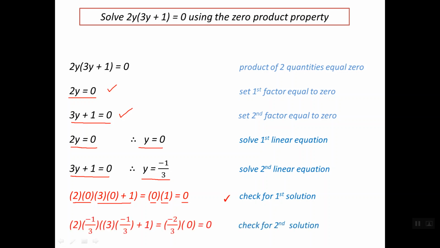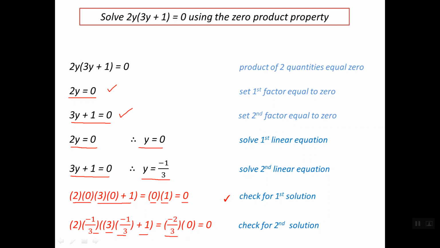Let's check the second solution by substituting y equal to minus 1 over 3. So 2y, multiplied by 3y plus 1, which is 3 multiplied by y plus 1. For the first factor, it is minus 2 over 3.